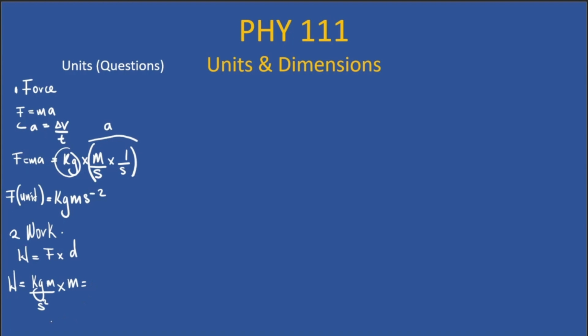So the unit for work is going to be kg meters squared per second squared. We could also write this as kg meters squared per second squared, symbolizing the fraction. So if you see it in either way, don't panic, don't get confused.